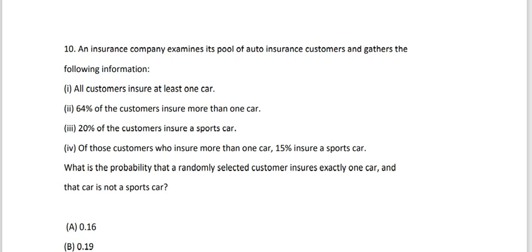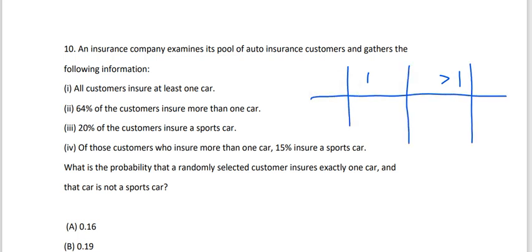So for this problem, this one and the previous one are the same in this part. For cars, some people insured one car, some people more than one car, right? So we have these two parts.